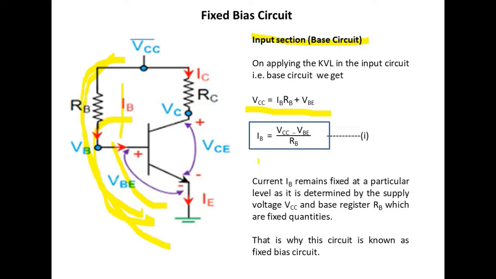With the help of that, we can get input current as IB is equal to VCC minus VBE upon RB. Current IB remains fixed at a particular level as it is determined by the supply voltage VCC, because VBE is fixed, and base resistor RB, which are also fixed quantities. That is why it is called as fixed bias circuit.